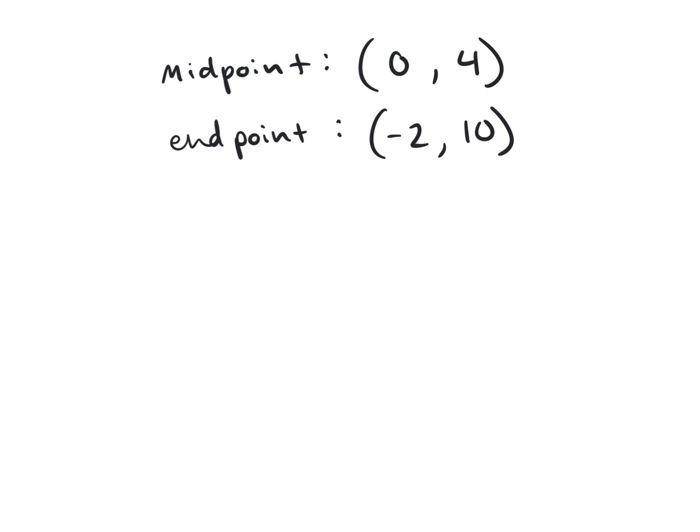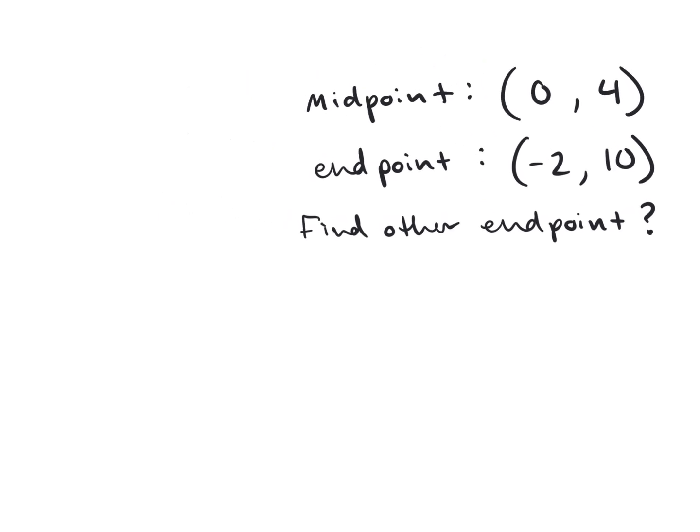And it says find the other endpoint. So here it gives us the midpoint, and it gives us an endpoint. We have to find the other endpoint. So we kind of have to work backwards a little bit.